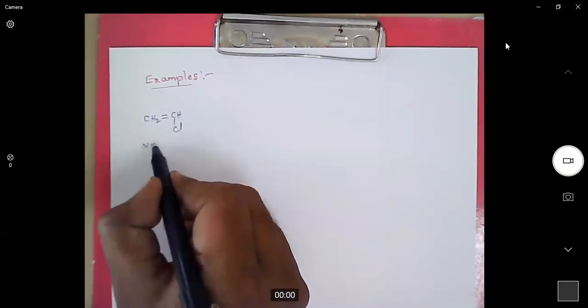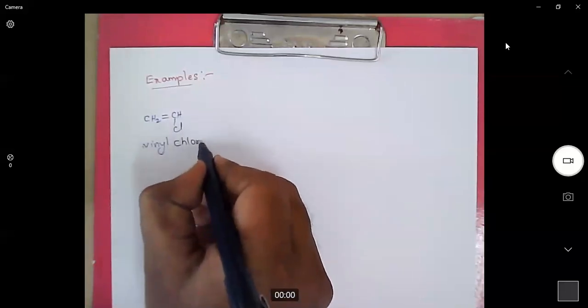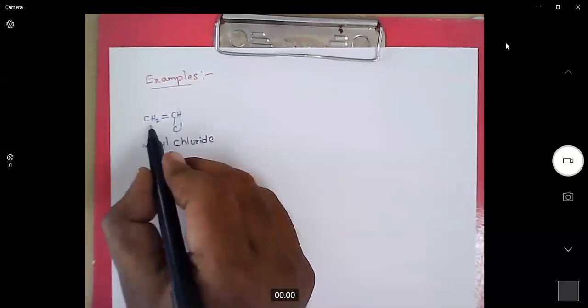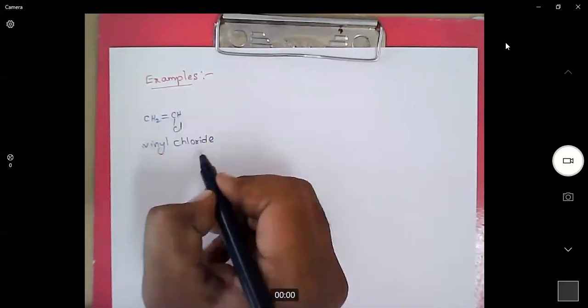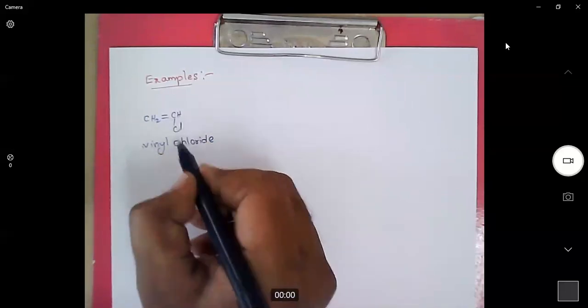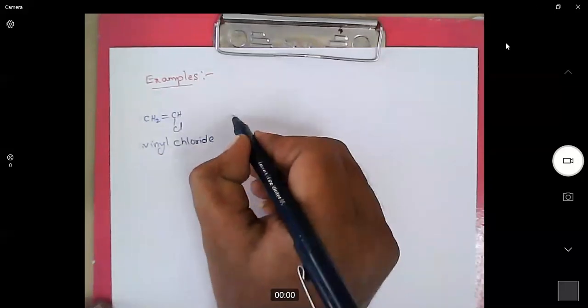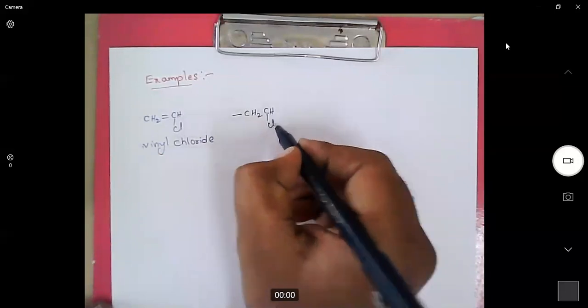This molecule is called vinyl chloride. Only two carbons with a carbon-carbon double bond, that is vinyl chloride. When it undergoes polymerization, it forms a polymer of this kind.